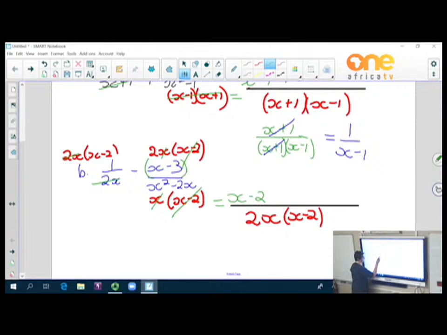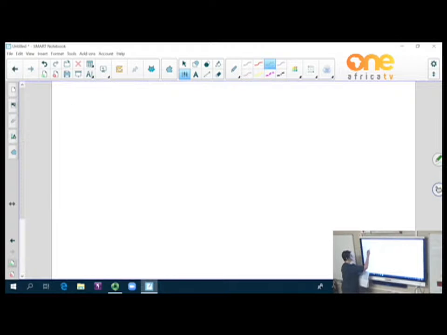So now you have negative 2 multiplied with x minus 3. Remember, this negative is also applicable here. So that gives you negative 2x, and then negative 2 times negative 3 gives me positive 6. So my final solution now here is negative x plus 4 over 2x, x minus 2. And that's then my final answer for that one.